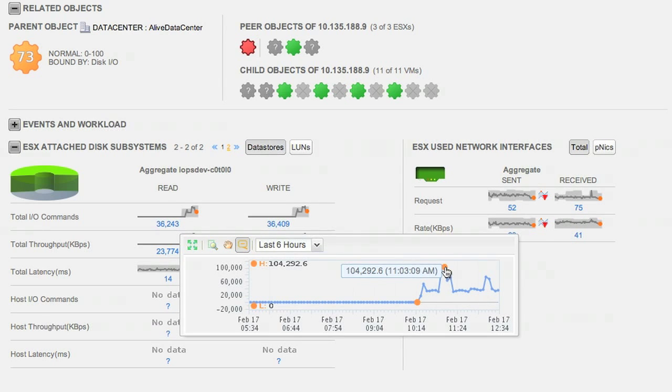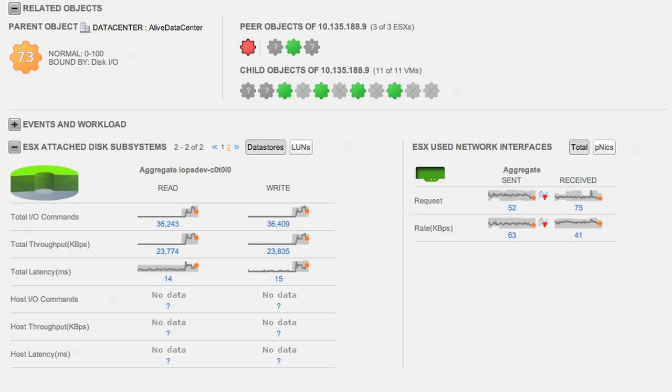The high point is clearly marked with the orange dot at about 100,000. That's 100,000 IOPS. So again, this data store is seeing some significant traffic. You'll see a spike every now and then. So more than likely, this data store is the problematic one. It's overloaded. So in order to figure out what our problem is, we'll need to go and take a deeper look at the data store.